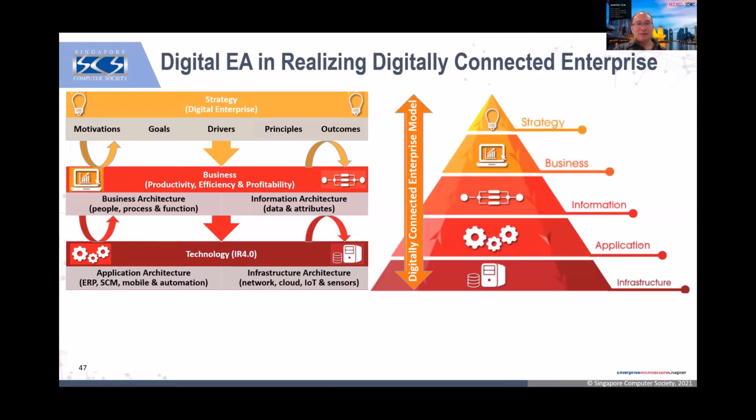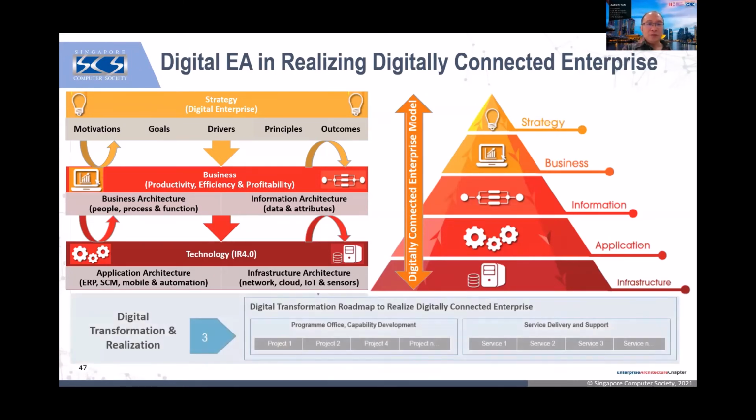So the concept is something like this, right? We want to know that for any changes in any of the layers, from strategy to business to information, application and infrastructure, we can understand the impact. The purpose, of course, is that we want to be successful in our transformation journey and execution.